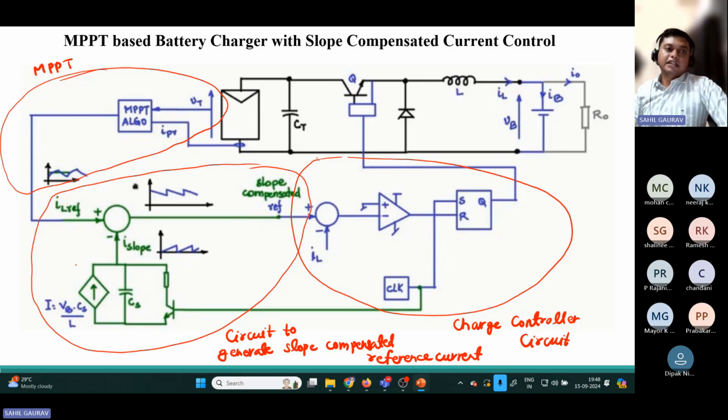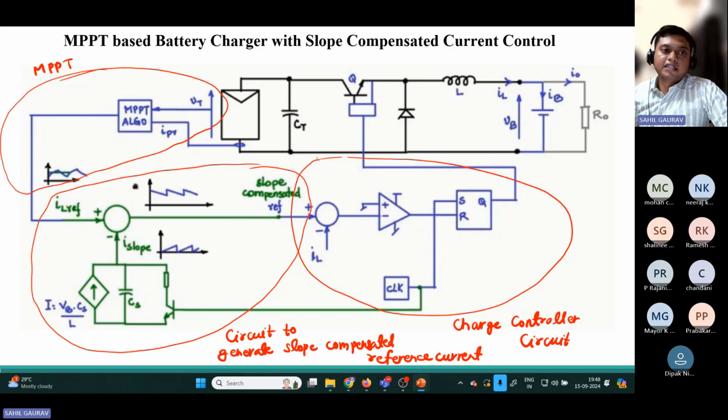So earlier, we were just providing an arbitrary IL difference. But if you provide it through the MPPT algorithm, then you have to put some MPPT logic that we have seen in the previous session.